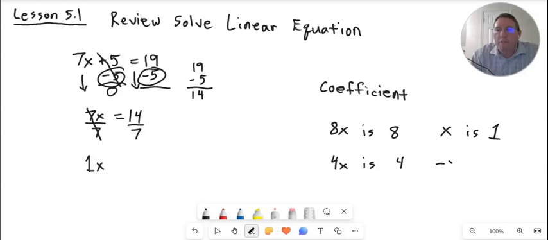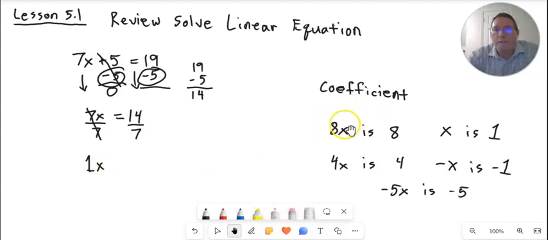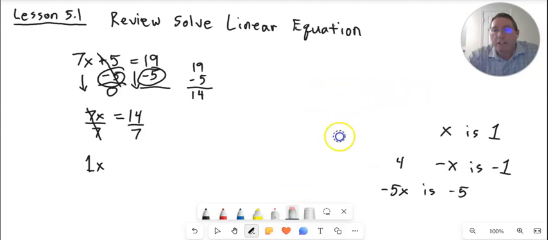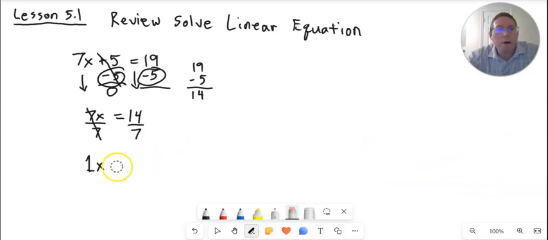The coefficient of negative x is negative 1. The coefficient of negative 5x is negative 5. It's the number part being multiplied in front of the variable. So that's the coefficient, just reviewing our definitions and the language that we use in mathematics. When the coefficient of x is 1, we just don't write it. We just leave it as x, okay?